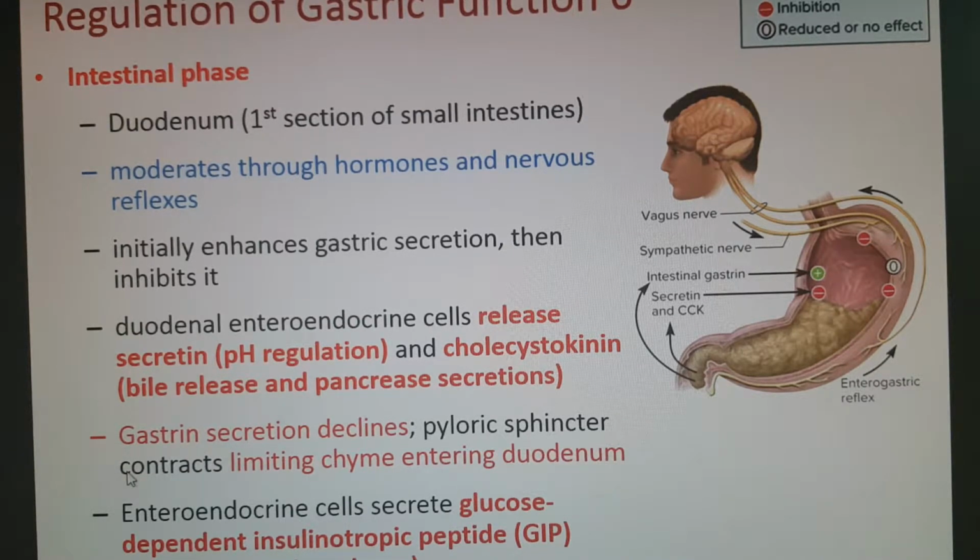So going from a more acidic pH to more neutral pH, so closer to a pH of 7, also causes the release of cholecystokinin, which will then cause the release of bile, which helps to break down fat, as well as pancreas, that has its own functions for dealing, for example, with glucose.